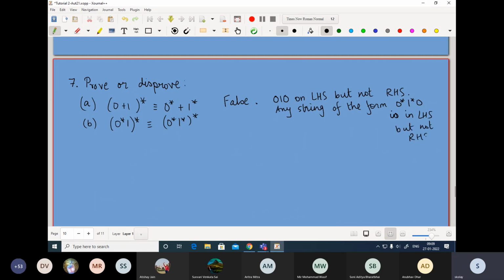You can find other such sets, infinitely many strings. Okay. Part B is (0 star 1) whole star is equivalent to (0 star 1 star) star. True or false? True. Why? Prove it.